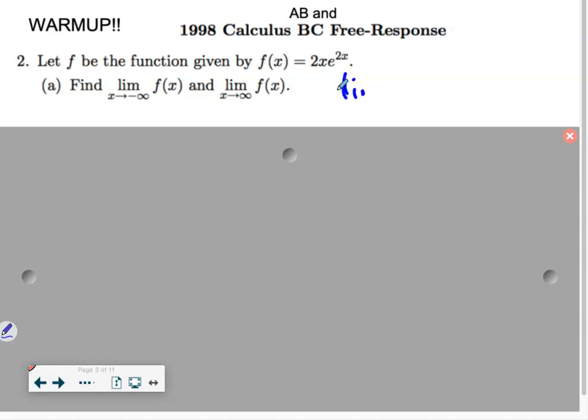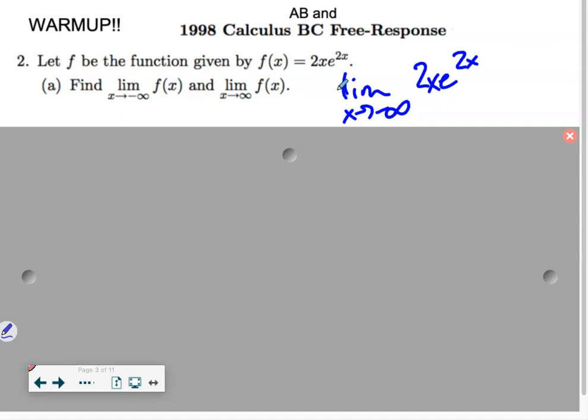All right. So if we do the limit as x approaches negative infinity of 2x e to the 2x, when I plug in the negative infinity, I get 2 times negative infinity times e to the negative 2 times infinity, or e to the 2 times negative infinity. When you have anything to a negative exponent, what does that mean?